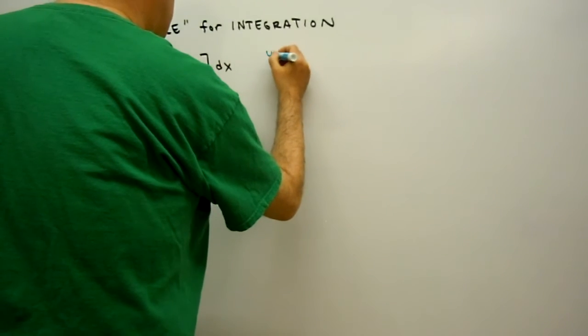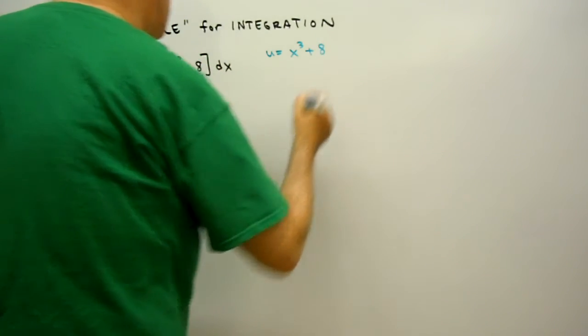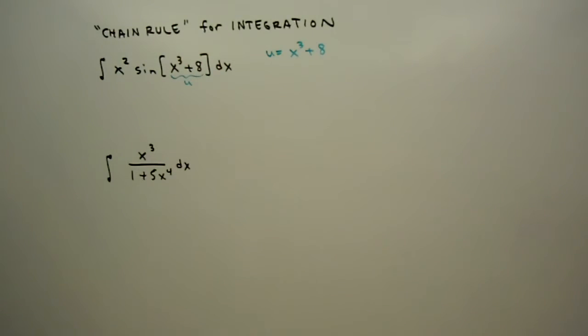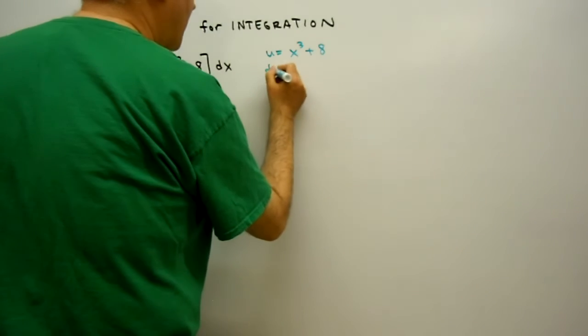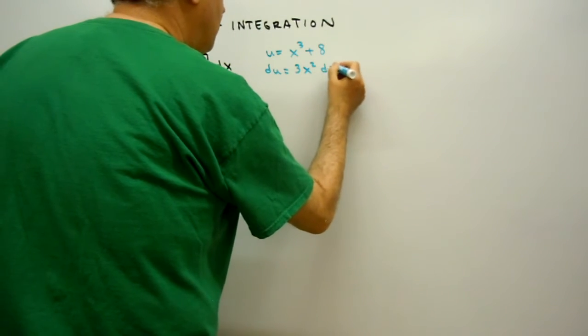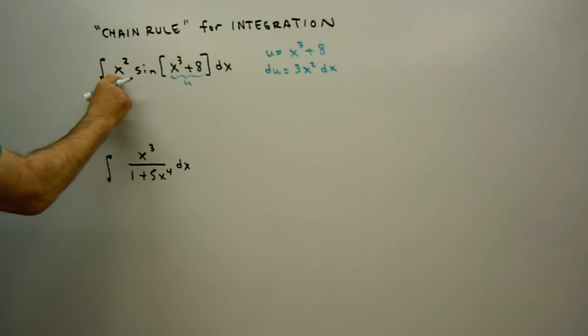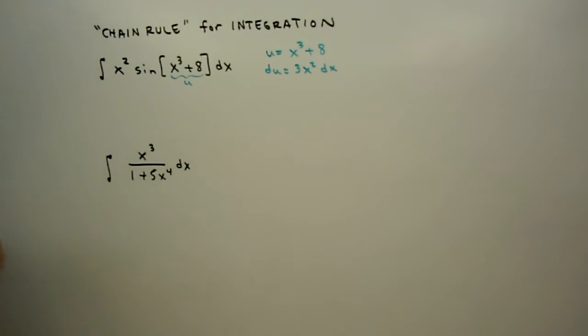So, identifying that the u, the inner function for sine, is x to the third plus 8, let's just think what the derivative of that would be, what we want to have on the outside. So the derivative of that is 3x squared, technically dx. We don't have 3x squared on the outside, but we do have the x squared. So again, you could always adjust by a constant.